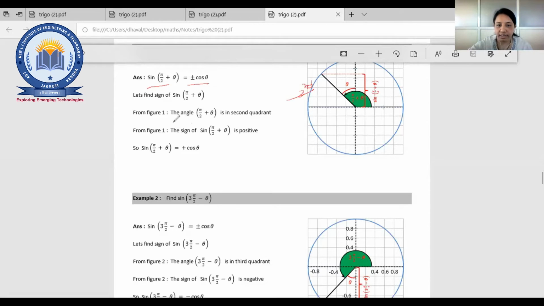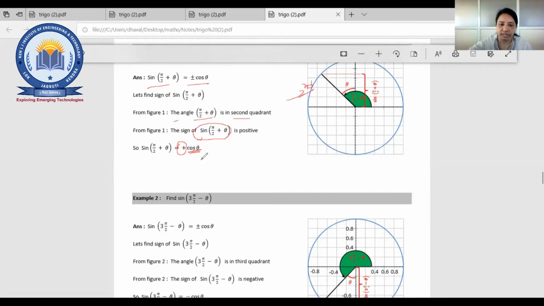So obviously pi by 2 plus theta will be in the second quadrant. The answer is cos theta, and the sign of sine of pi by 2 plus theta is positive, so our answer sign is also positive. Fine. So in that way you need to decide the sign.